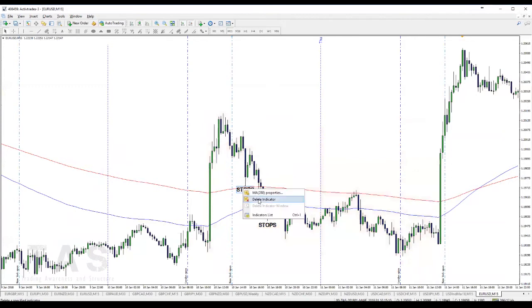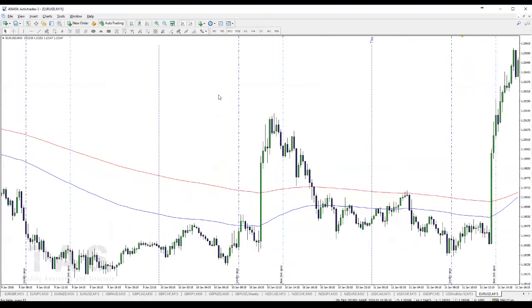So basically, what I'm looking for is the pullback. Do I look for it in London or in New York? Well, you're looking for a pullback on a session. It really doesn't matter what session it is.